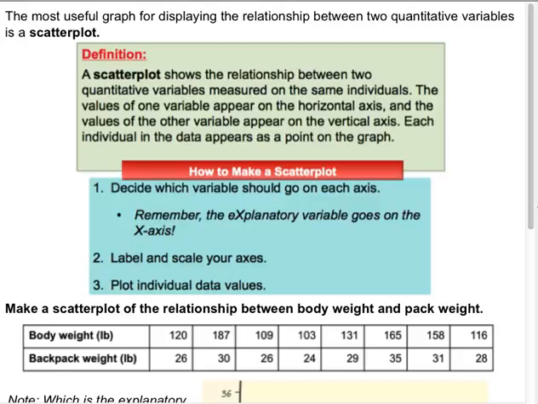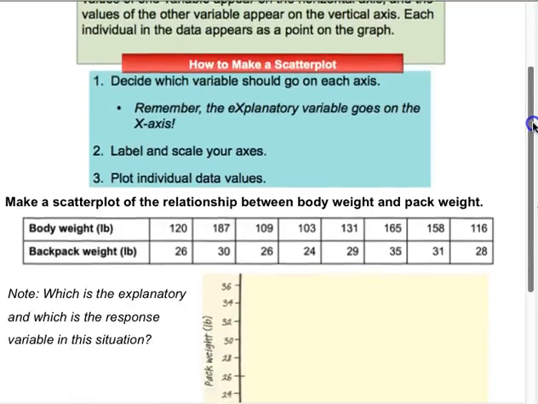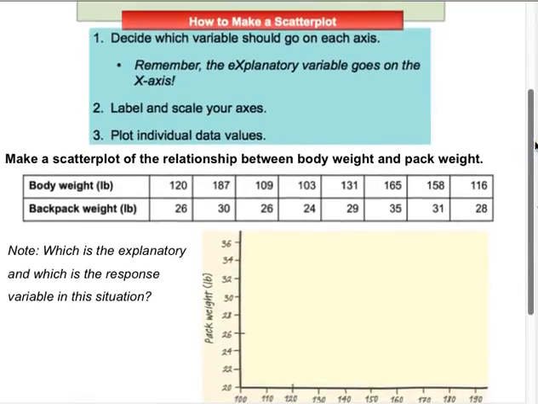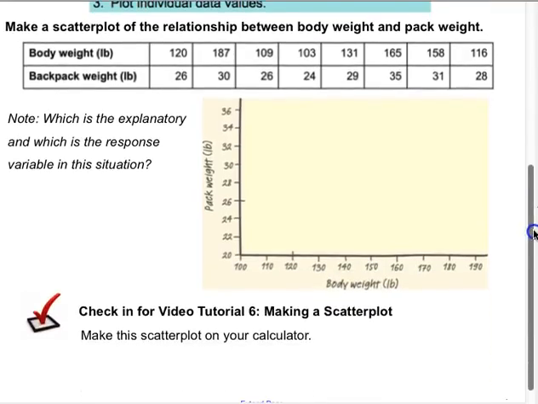Now you guys have all seen this before. You saw it in Prob and Stats, you saw it in Algebra 2. So this isn't going to be shocking to you, okay? This should not be new to you. So the first thing you want to do is figure out which is explanatory and which is the response, okay? So looking at our example, make a scatter plot of the relationship between body weight and backpack weight.